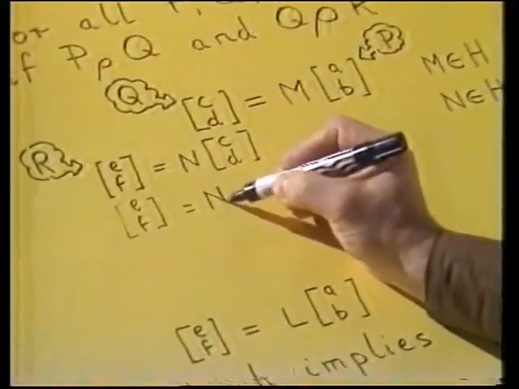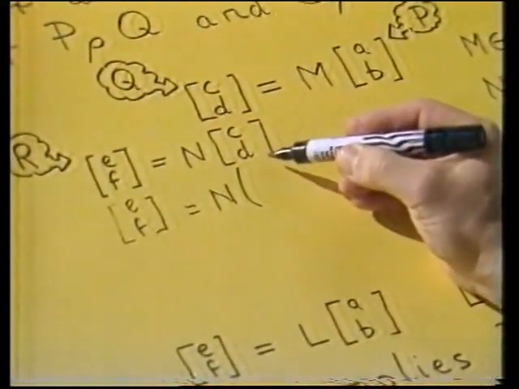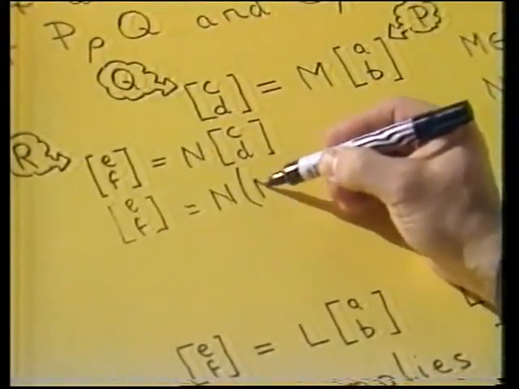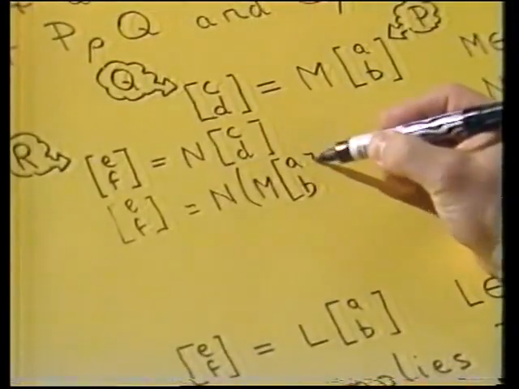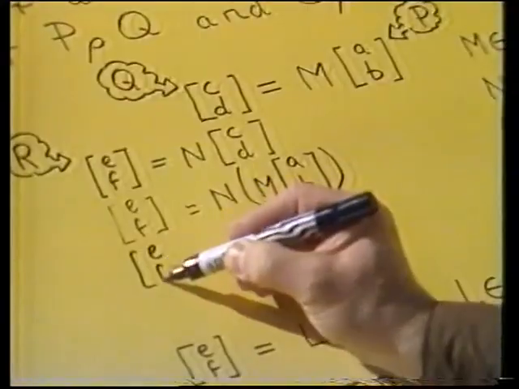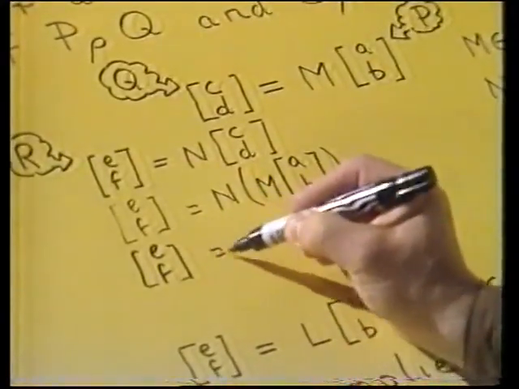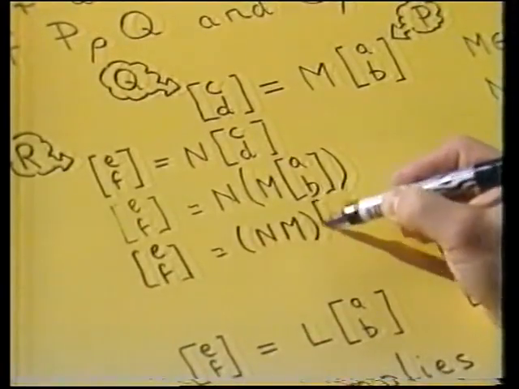I get the coordinates of R are N times the coordinates of Q, which in turn are M times the coordinates of P, or writing it another way, coordinates of R are NM times the coordinates of P.